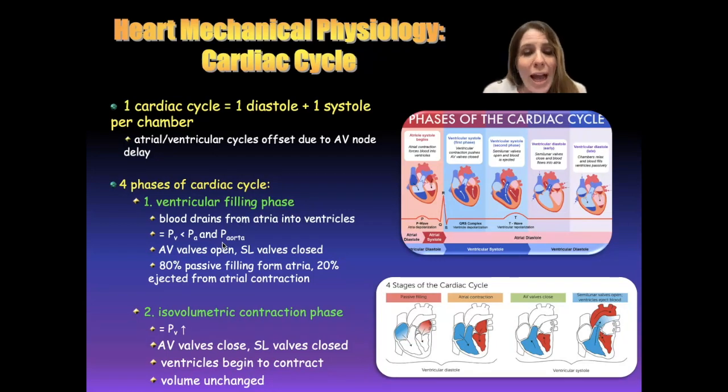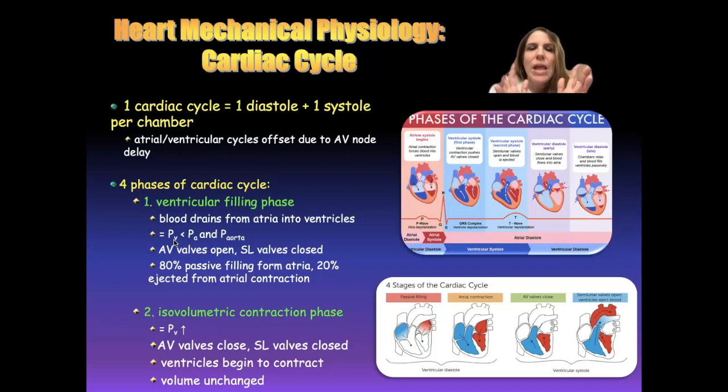So as the blood is draining from the atria into the ventricles, we're going to start to see a change in pressure, and we're going to notice that the pressures are different between the atria and the ventricles. So during the ventricular filling phase, when these ventricles are filling with blood from the atria, the pressure in the atria is going to be greater than the pressure in the ventricles because there's not that much blood in the ventricles right there, right?